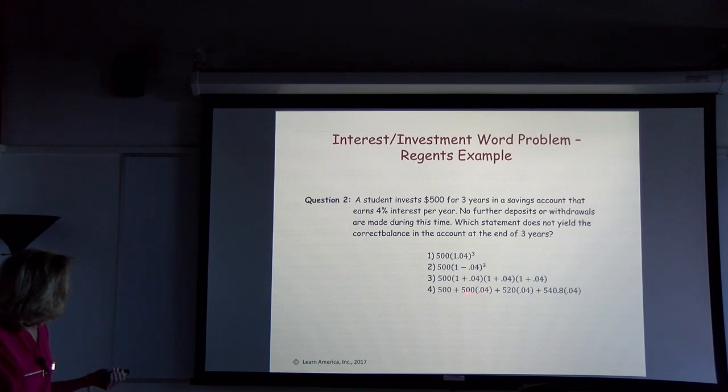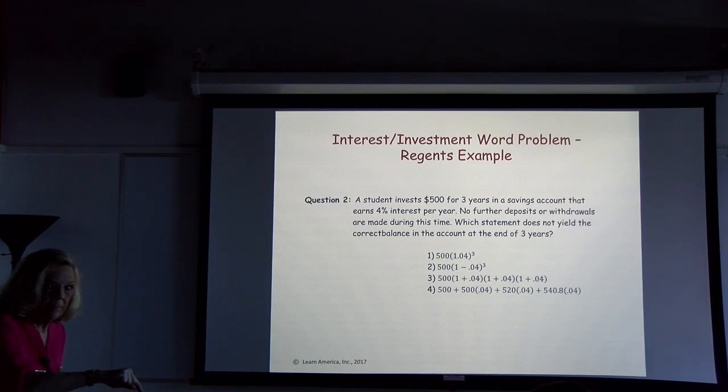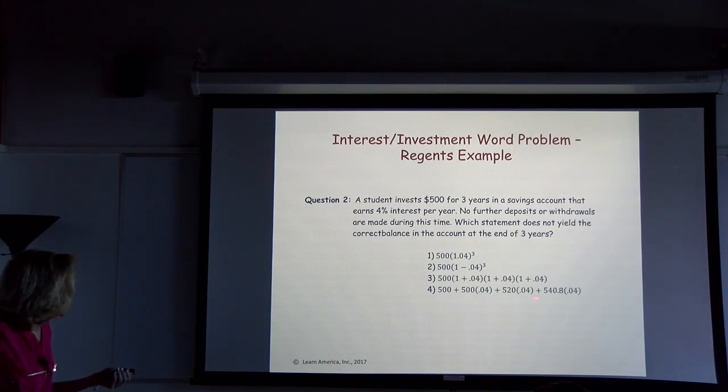This is the interest. Now, after you have that interest in the bank for the first year, the next year, the second year, you're going to get interest on the interest. Not just the $500 initially invested, but what's in that account right now. And that turns out to be, in this case, $540.80. That's what you're going to get added into the second year.